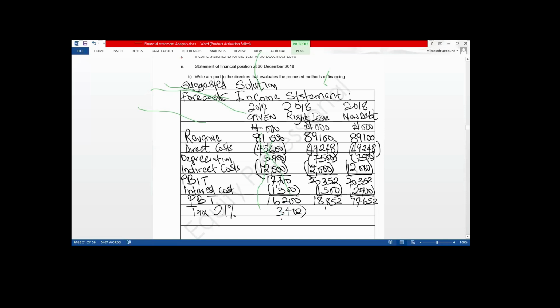Also compute 21% of 18,852. 3,959. Also compute 21% of 17,652. 3,707.